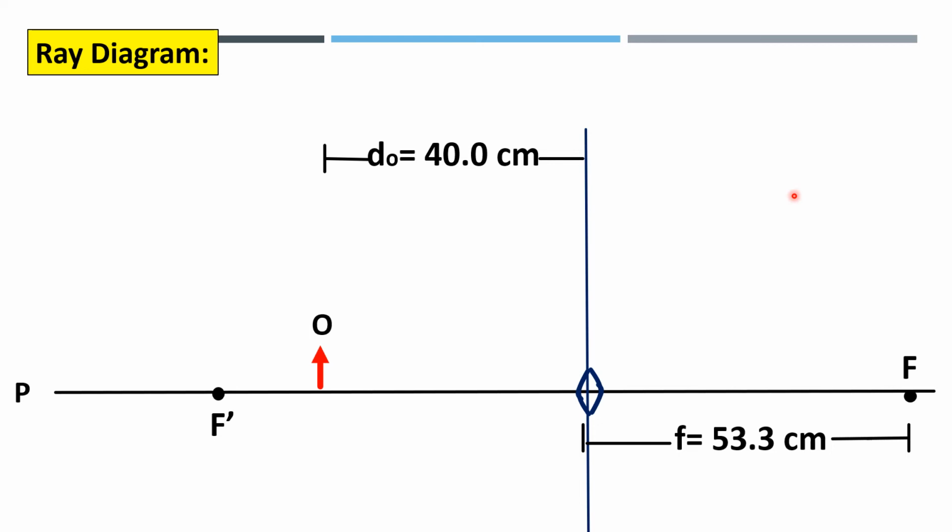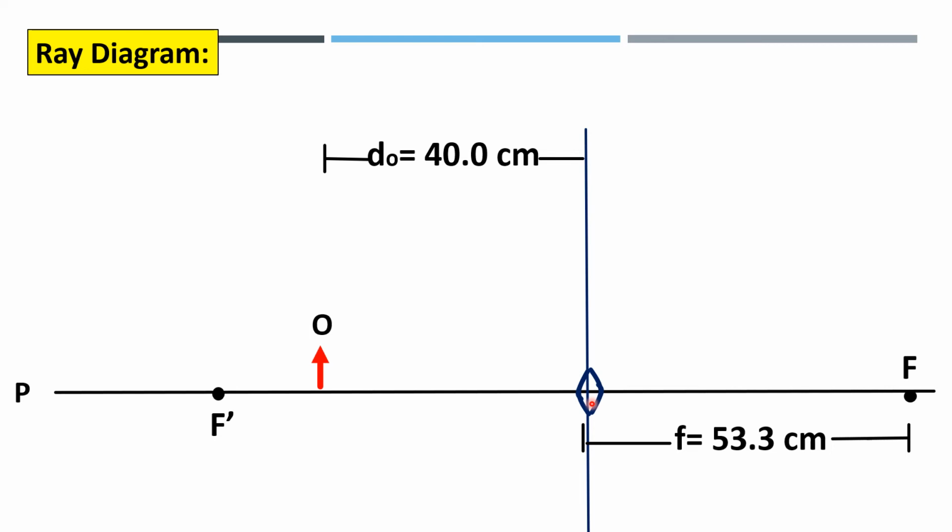So look at the symbol for a converging lens. You already assume that it's a converging lens. Unlike in example number 1, where we described a diverging lens, this time we are talking about a converging lens. If you notice, the optical center or the geometric center of this lens is thicker than its edges. That is the symbol for a converging lens.